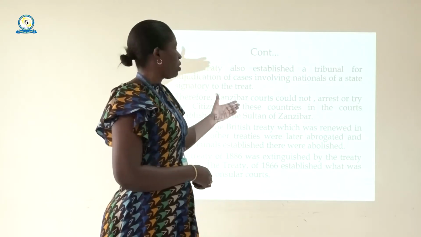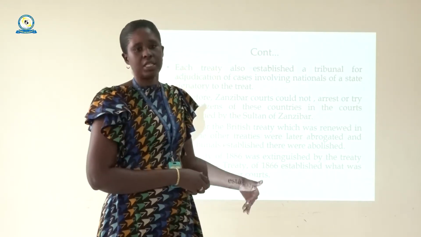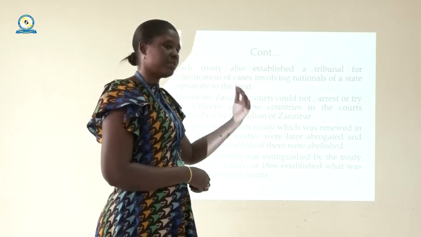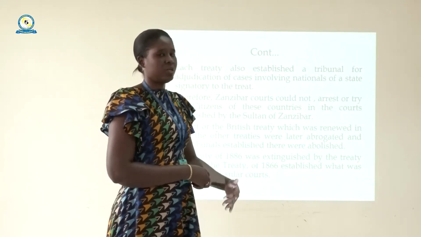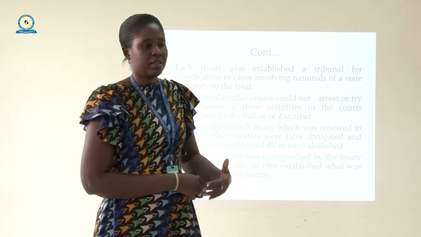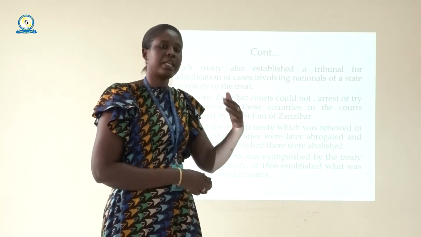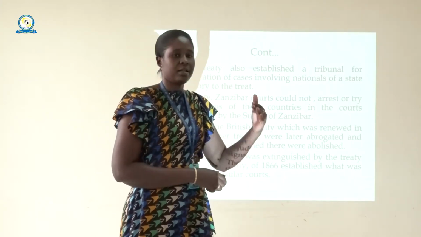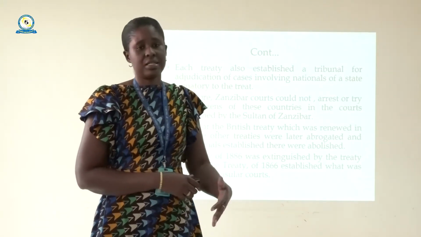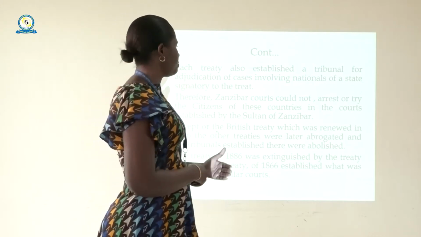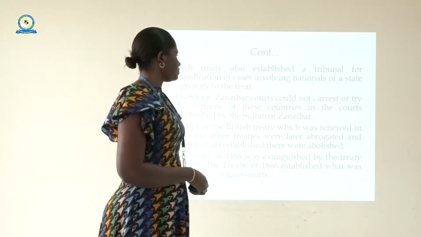So this was all done in order to protect the Europeans who were in Zanzibar for doing business. We can see from that point that these treaties were more of a protection of the non-indigenous people than the indigenous people who were the people of Zanzibar.